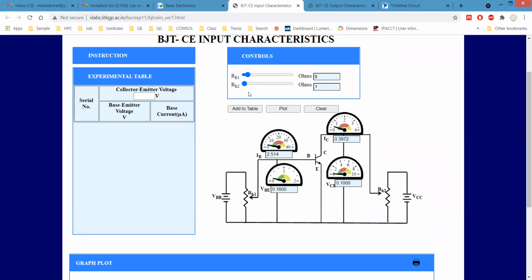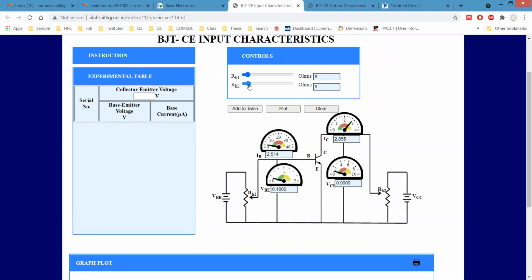Let's say our collector emitter voltage is 0.1. Let's make it fixed at 1 volt.